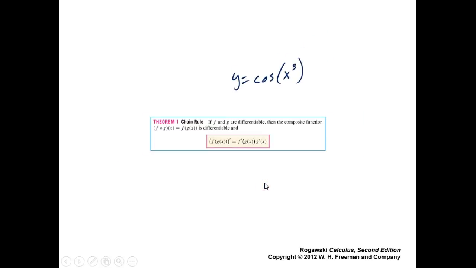Okay, there. Let's calculate the derivative of cosine of x cubed. Well, the y prime would then be cosine primed of x cubed times d by dx of x cubed.